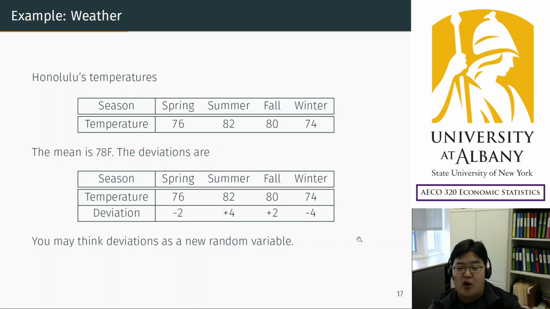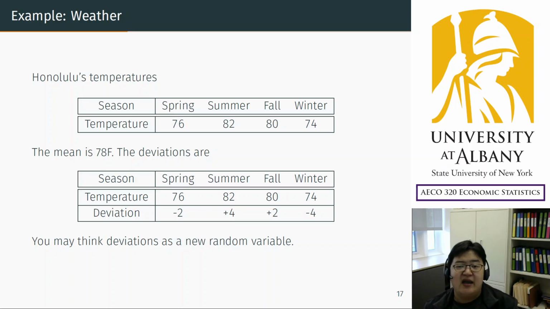When you define a deviation, you are measuring the location relative to the center, like minus 2 or plus 4. Another thing you need to note here is that because we have four observations, we can calculate four deviations. There is one deviation defined for each observation. If you had 100 observations, there would be 100 deviations.